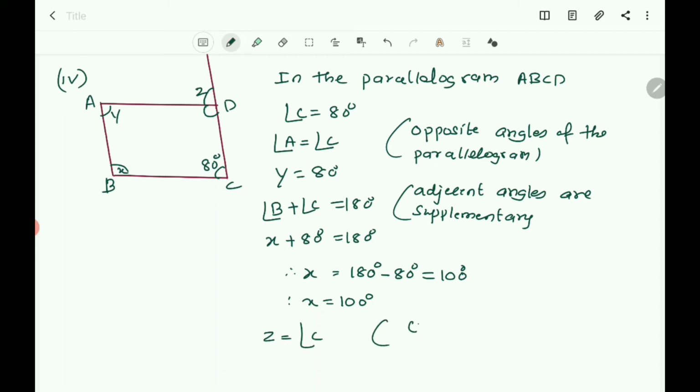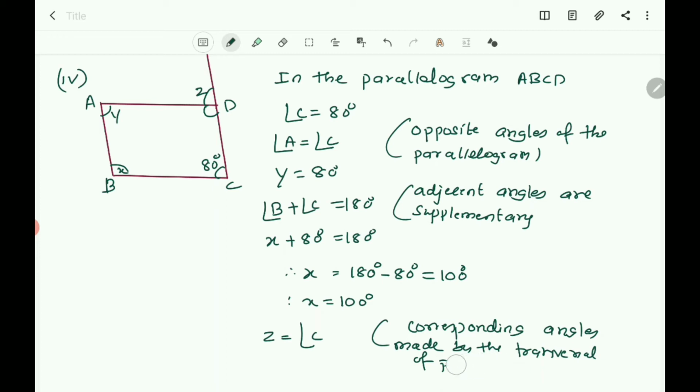They are corresponding angles made by the transversal of parallel lines. Also you can take the help of the linear pair here.